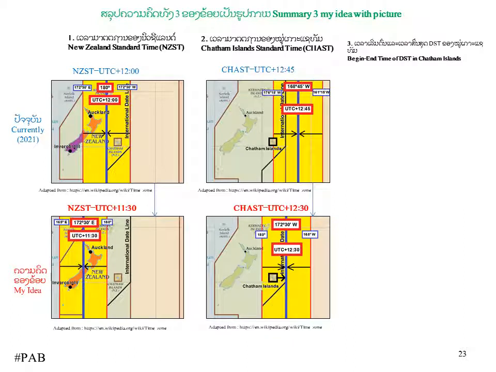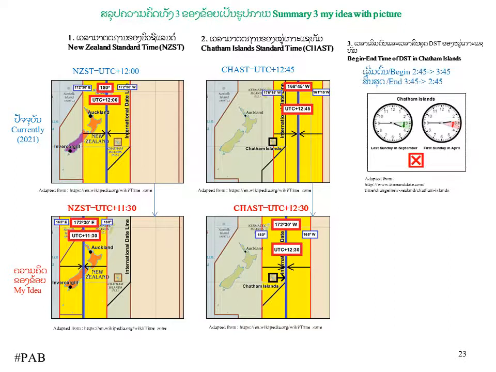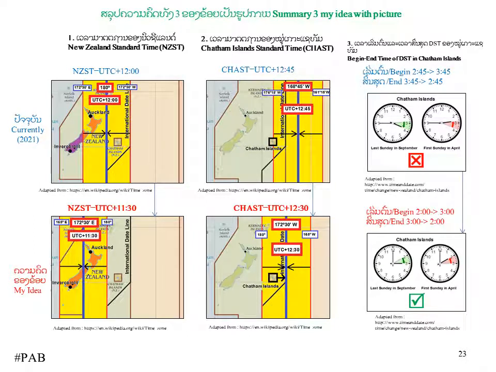Three: the begin and end time of daylight saving time in Chatham Island, currently begin 2:45 to 3:45 and end 3:45 to 2:45, changes to begin 2 to 3 and end 3 to 2.